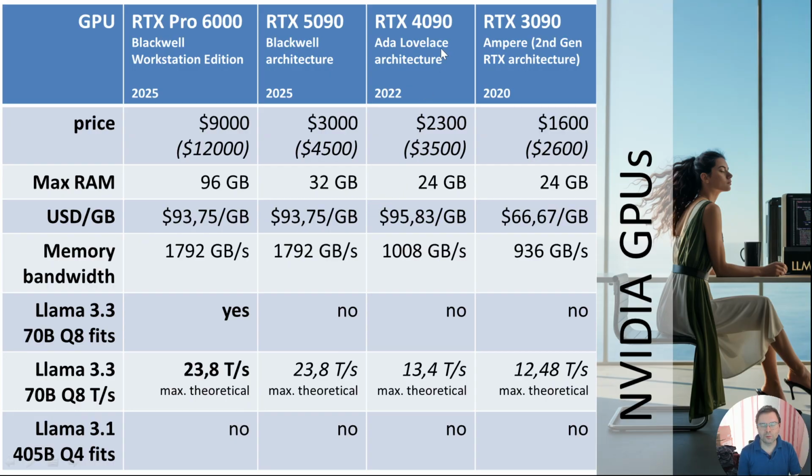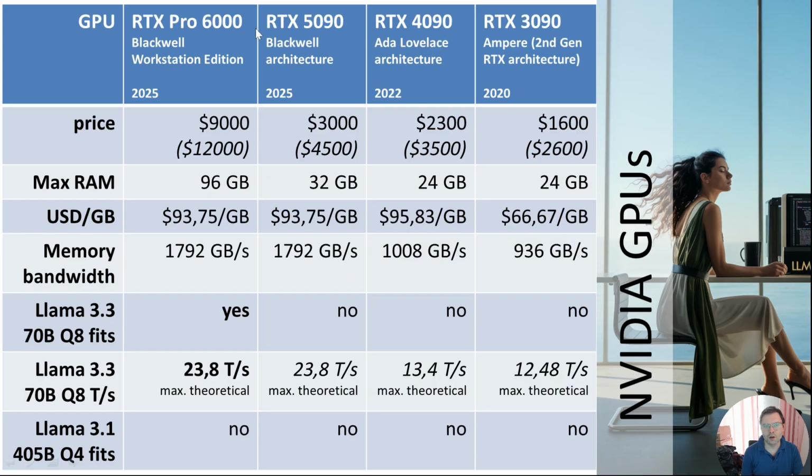Whereas the RTX 4090 is at $95.83 and the RTX 3090 at $66.67 per gigabyte. Now, my recommendation is forget about the RTX 4090. I feel it's kind of the worst trade-off you can make, right? It's more expensive per gigabyte than both the RTX 3090 and the RTX 5090.